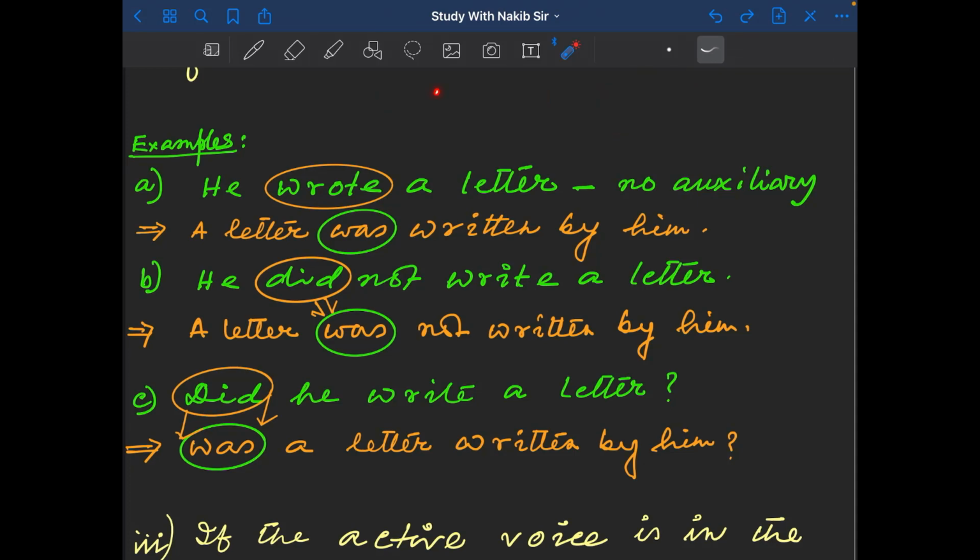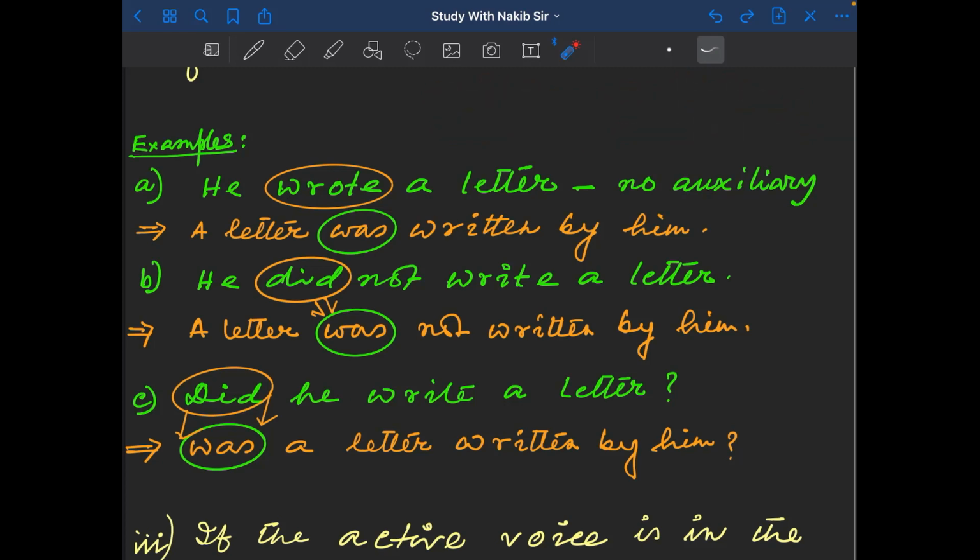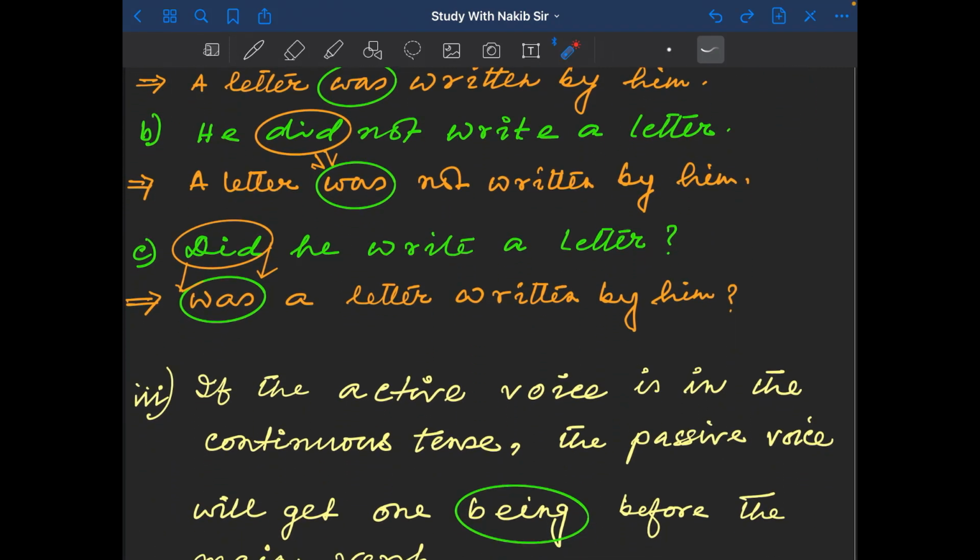If you get a present tense verb without any auxiliary, in the passive voice you will get am, is or are. If you get a past tense verb without any auxiliary, in the passive voice you will get was or were as your auxiliary.